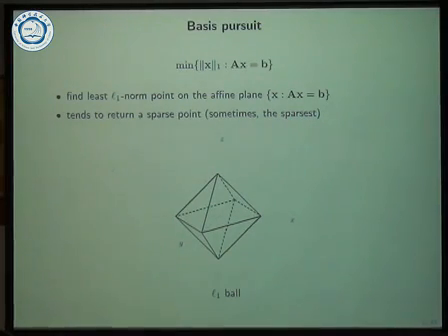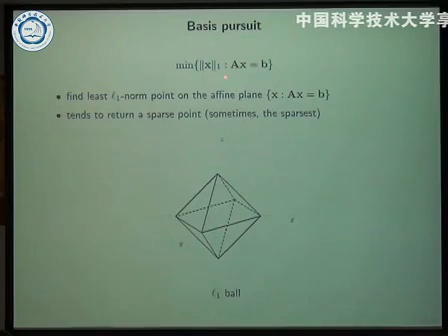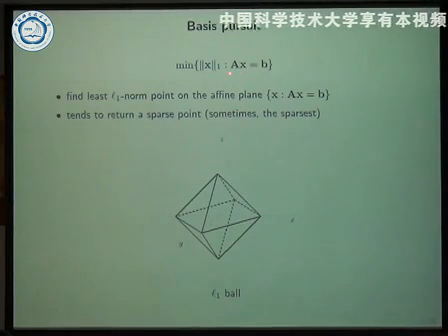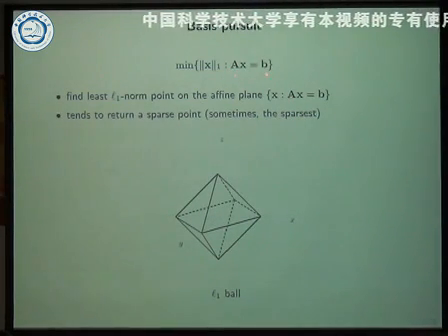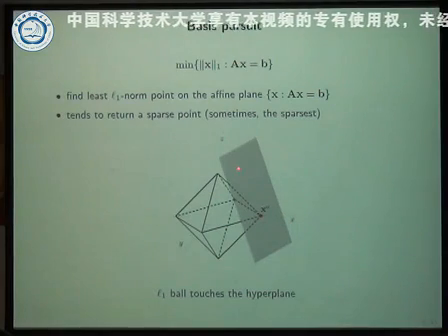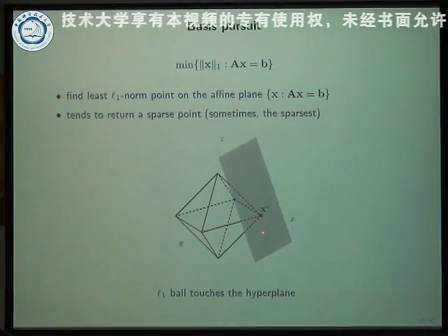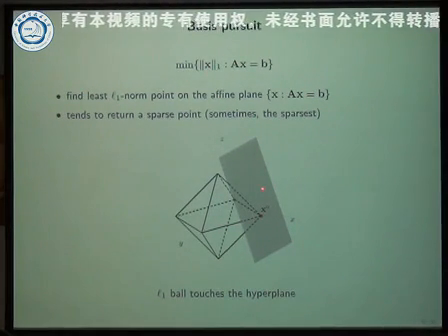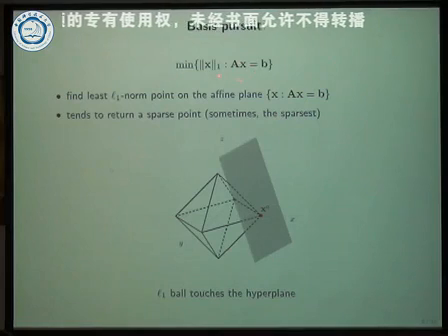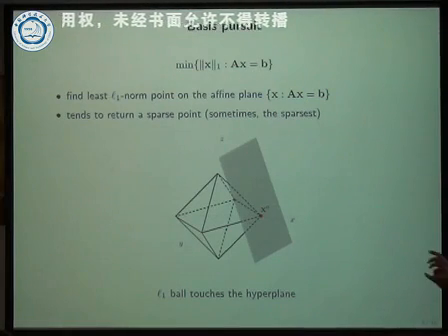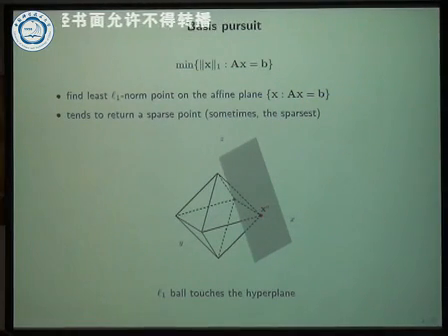Here's the reason. I have a graph here. Every point on the surface of this diamond has the same L1 norm. They are equally good. Now I'm going to draw a plane corresponding to all the points satisfying Ax equals b. This gray region has all the points satisfying Ax equals b, and of course it's only one part of it; it extends infinitely.